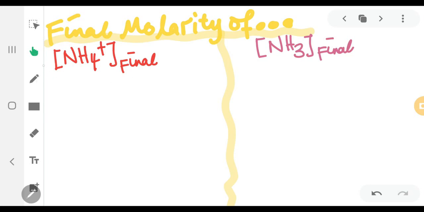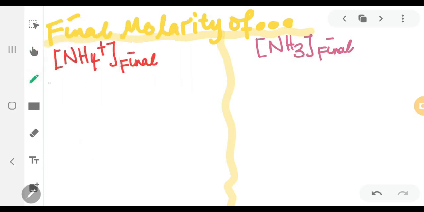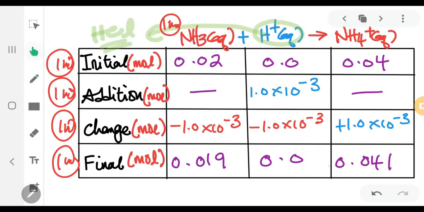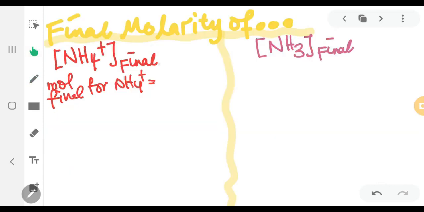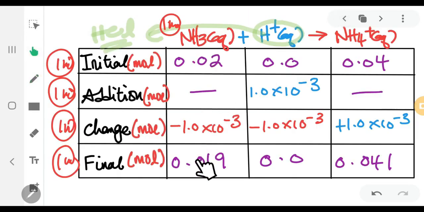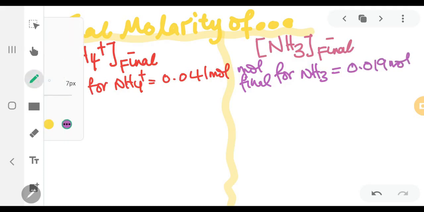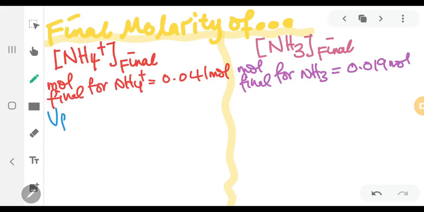To find the final molarity, we have the final mole for NH4 plus, 0.041 mole, and the final mole for NH3 is 0.019 mole. So what is the final volume then?